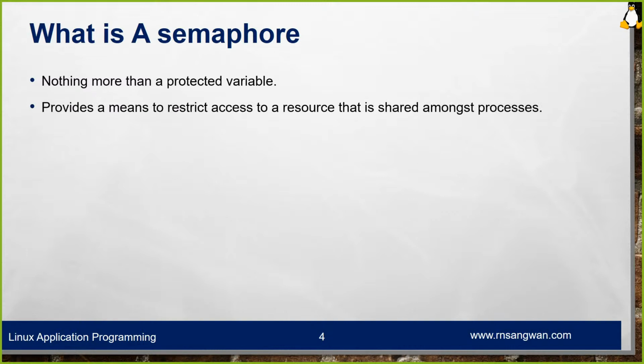It provides a means to restrict access to a resource that is shared amongst processes. That's precisely what the concept of locking in a database is. So it provides a means to restrict access to a resource that is shared amongst processes.